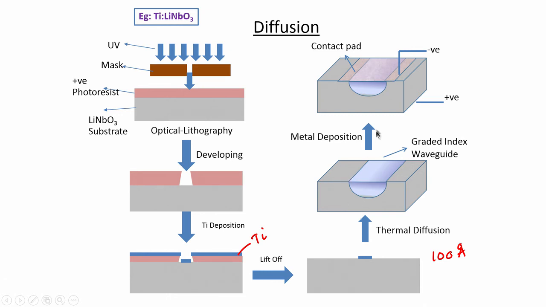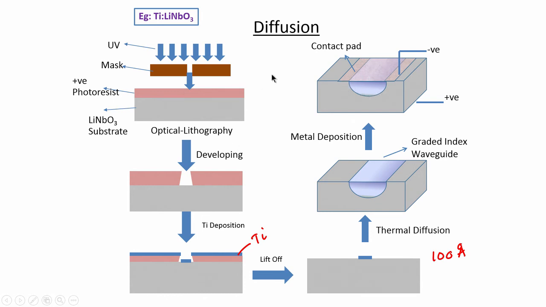And we have already seen earlier that we can make active devices in lithium niobate. For that, we need to deposit additional layers. For example, in this case, you note electrodes adjacent to the waveguide. This is a negative electrode, this is a positive electrode. You can apply electric fields and change the refractive index properties of this lithium niobate.